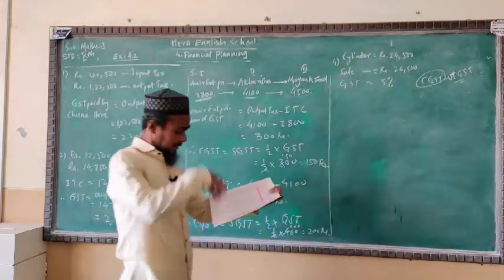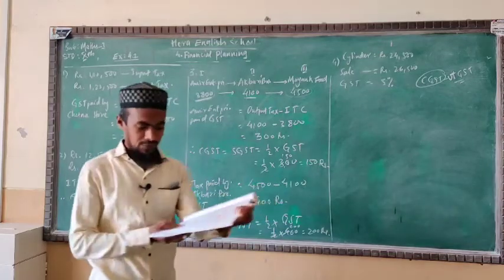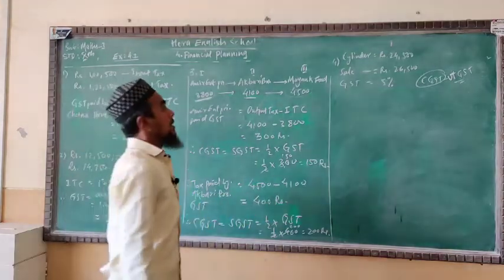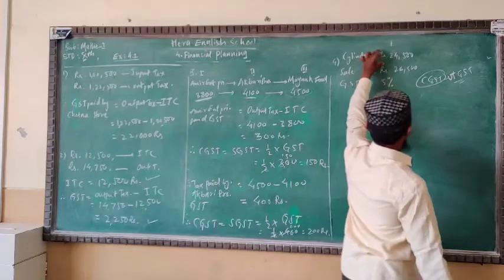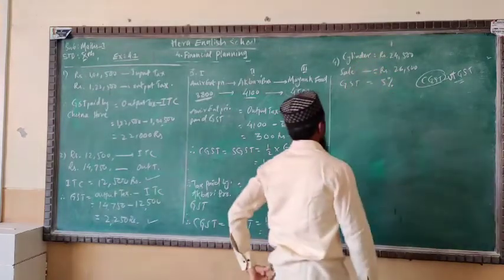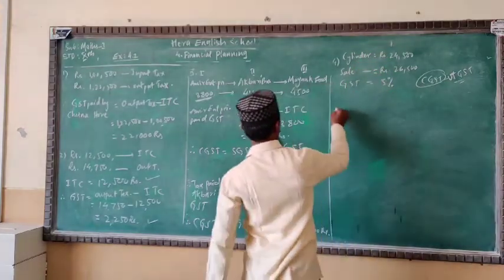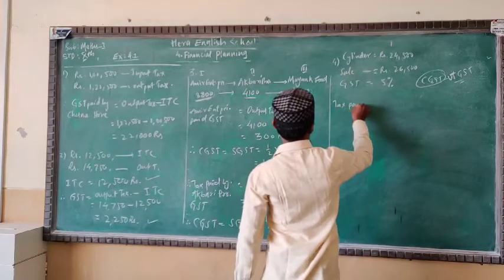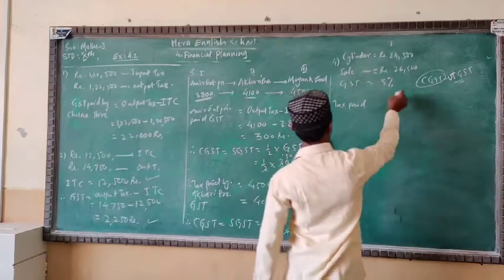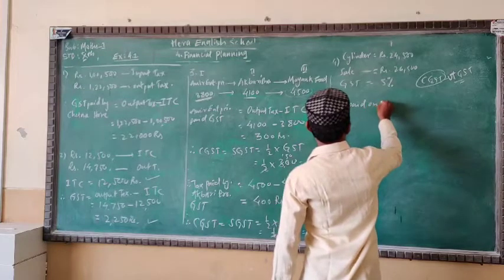See very well, here we have the cylinder amount 24,500. First of all, at the time of purchase we have to bring the tax paid. Okay, tax paid on purchase.